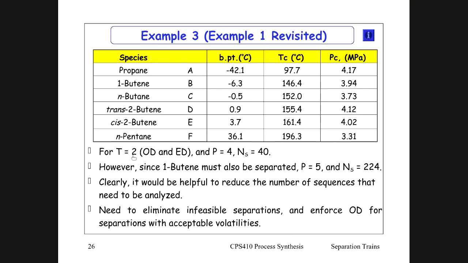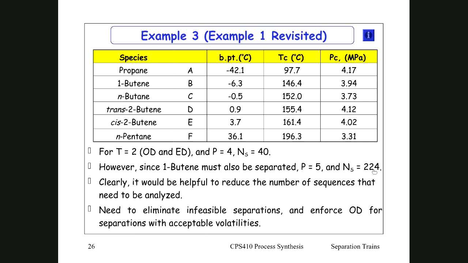So if you've got ordinary distillation and extractive distillation, as we have with this system, remember we wanted to add the furfural, and therefore P equals 4, then the number of separators equals 40. But since 1-butene must also be separated, P equals 5, and that increases the number of separations to 224.